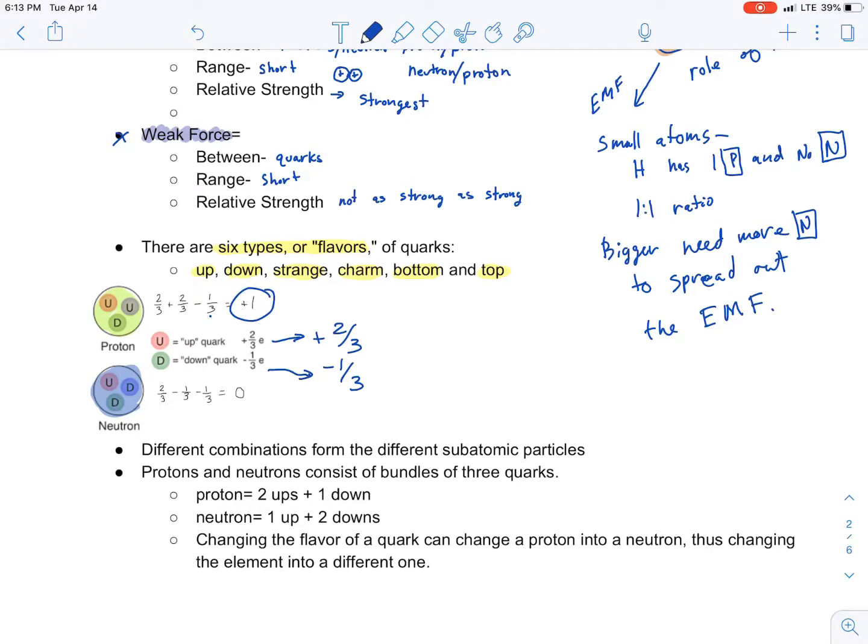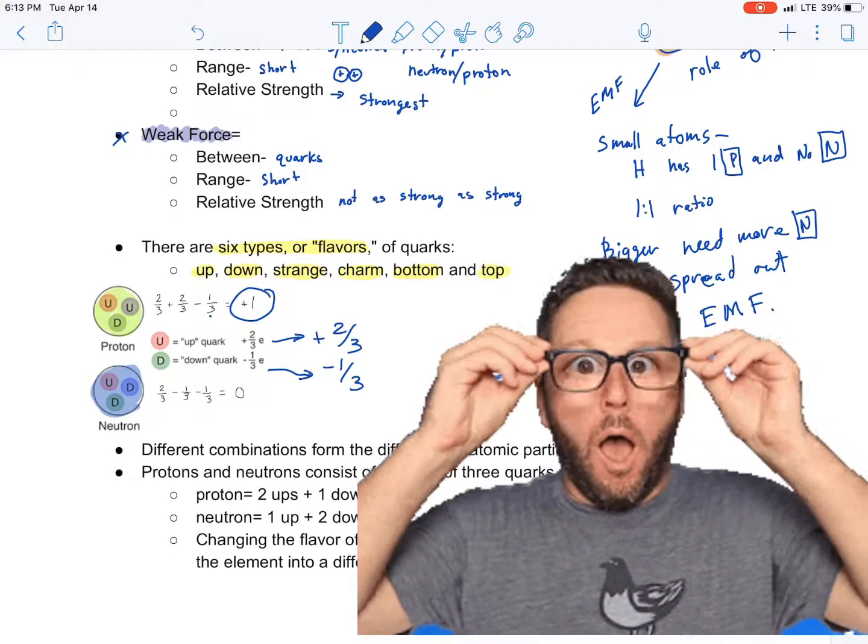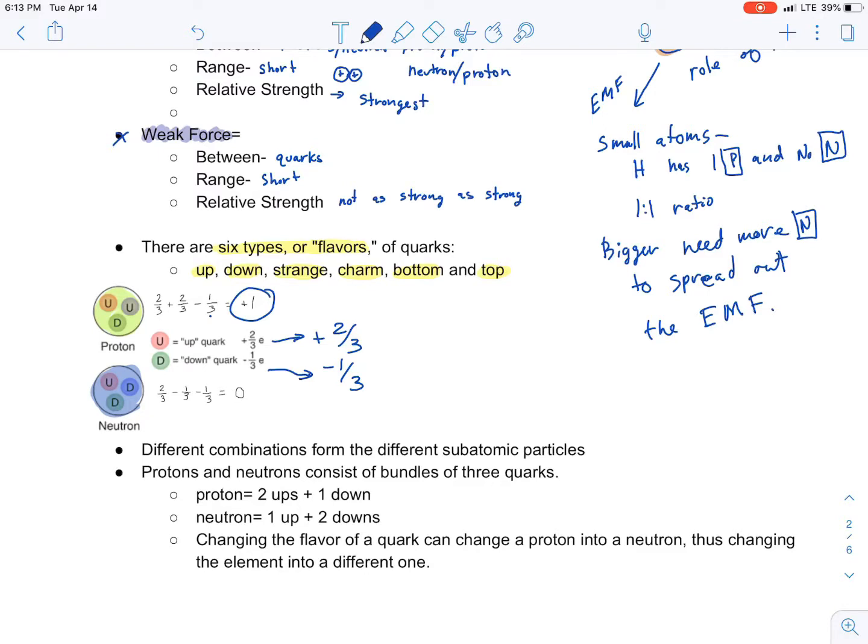So a proton has 2 ups and 1 down. A neutron has 1 up and 2 downs. So it's 2/3 minus 1/3 minus 1/3, which equals 0, a charge of 0. So neutrons have 0 charge, and protons have +1.